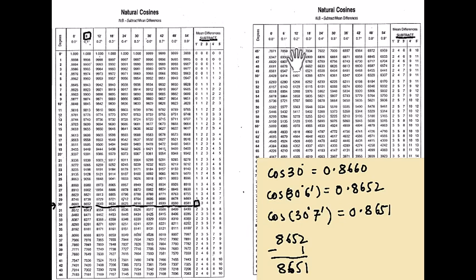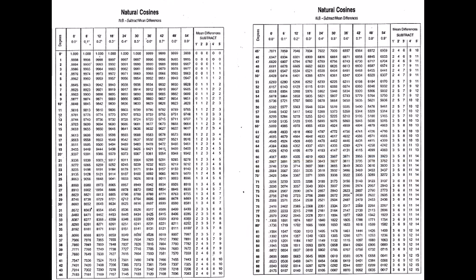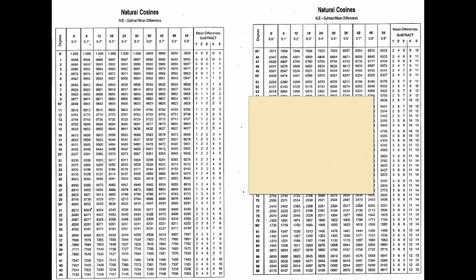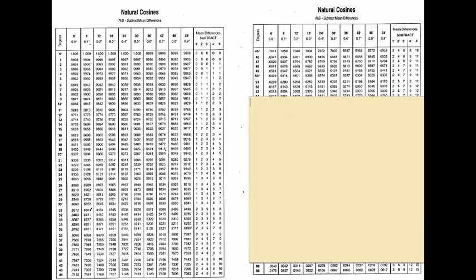Okay, now let's take a few more examples. We'll consider the same angles, and I hope you will find those very, very easy. So say for example, let's take cos of 16 degree 30 minutes.